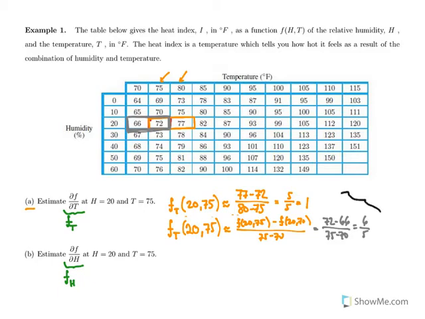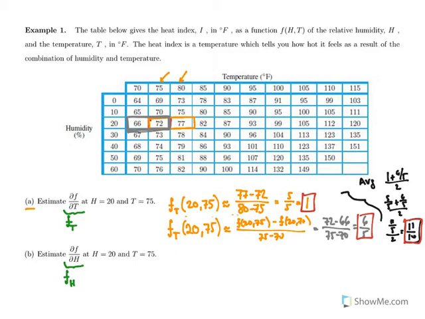That's a common thing to do to see a better estimate, take the average of these two values, 1 plus 6/5 divided by 2, which would be 5/5 plus 6/5 divided by 2, 11/5 divided by 2, or 11/10. Now I'm going to say that any of these values, 1, 6/5, 11/10, all those are acceptable answers to estimate that derivative, and just different ways of doing it.